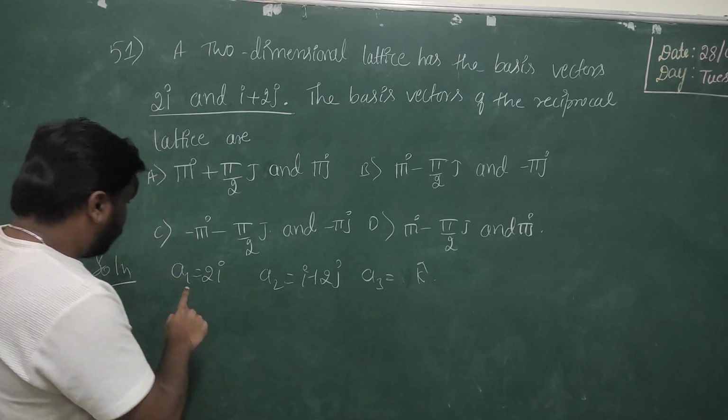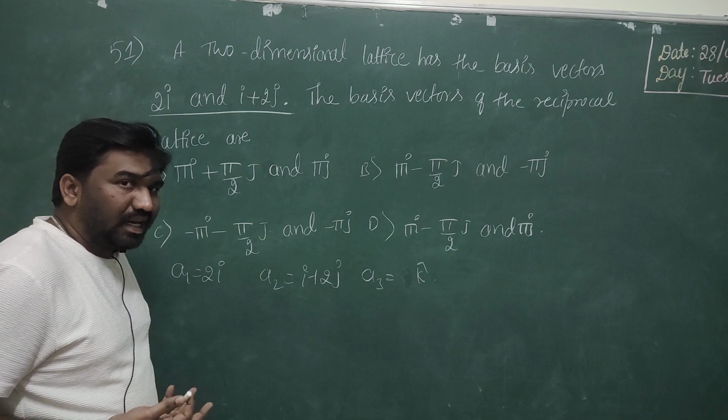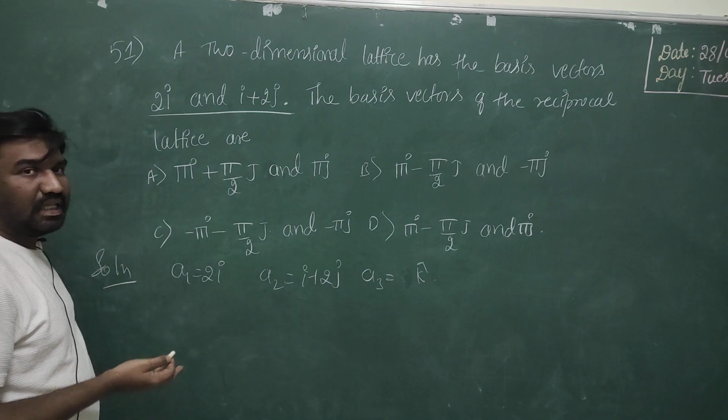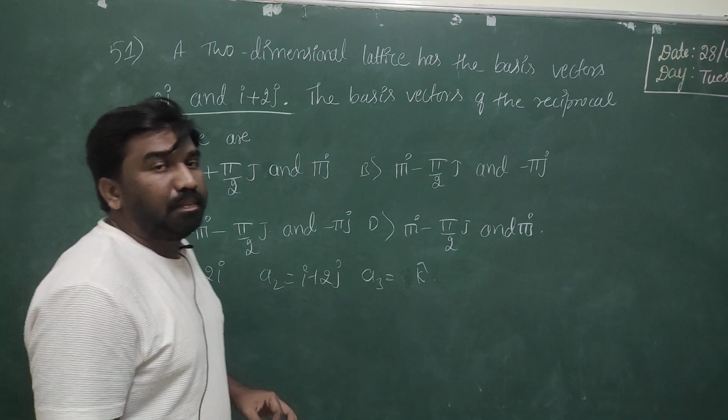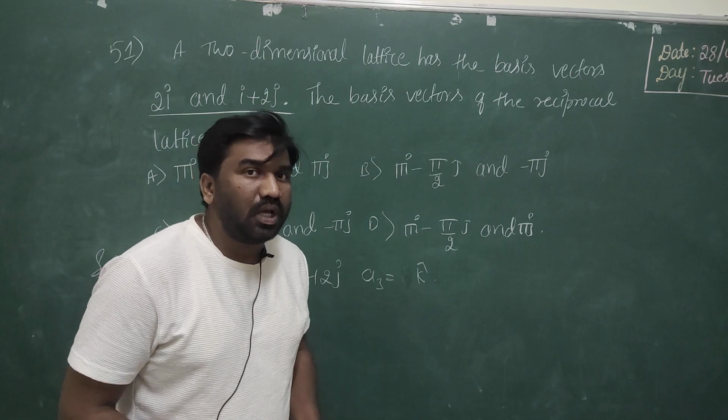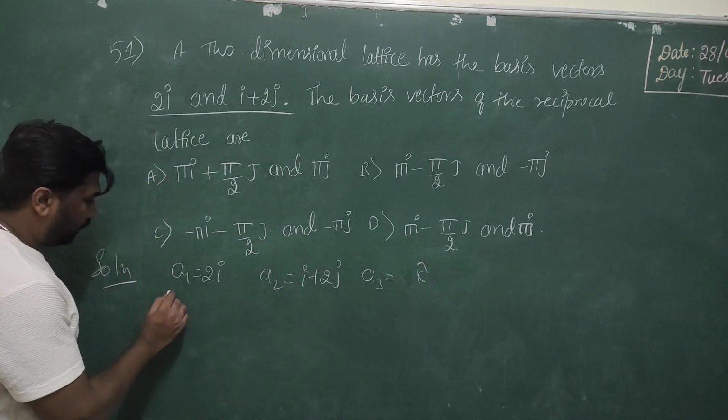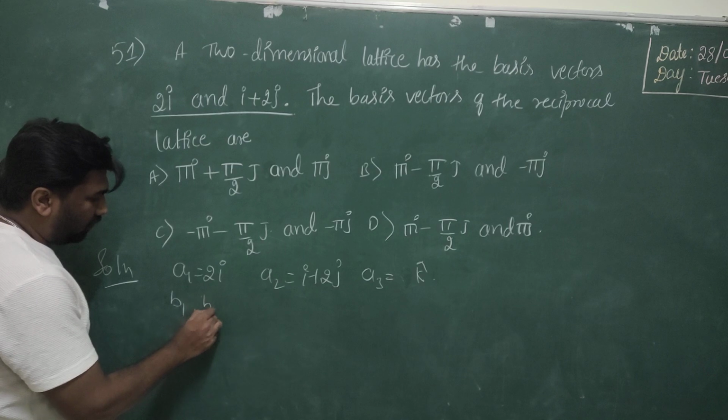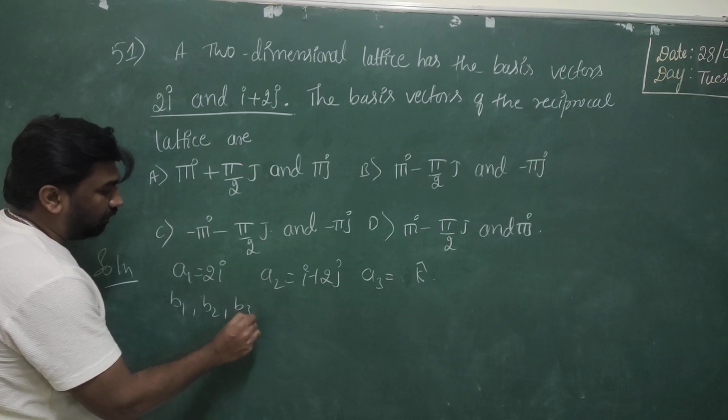If A1, A2, A3 are our lattice vectors, then their corresponding reciprocal lattice vectors are B1, B2 and B3.